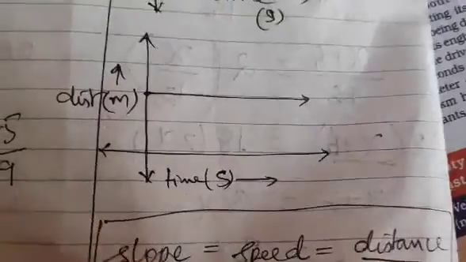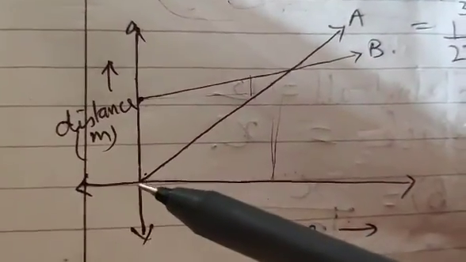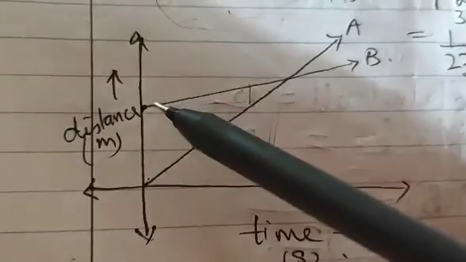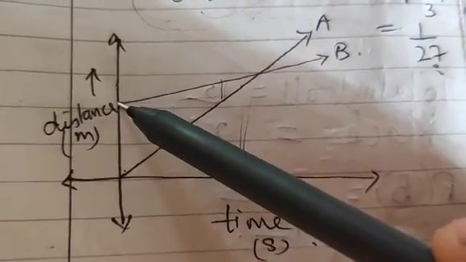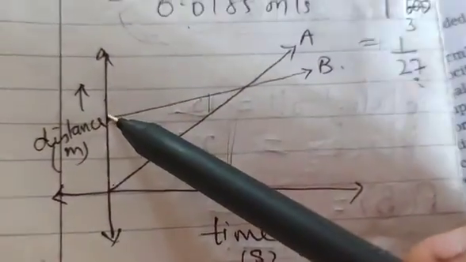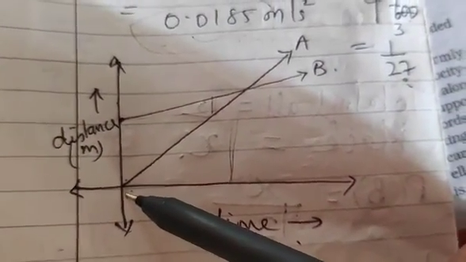Then you can plot two different moving bodies on the same graph. Here I have shown two different bodies. One body is starting from time 0 and distance 0. The other has started somewhere over here, time is 0, but distance is somewhere, say 10 km away. So both of them are starting at different places.